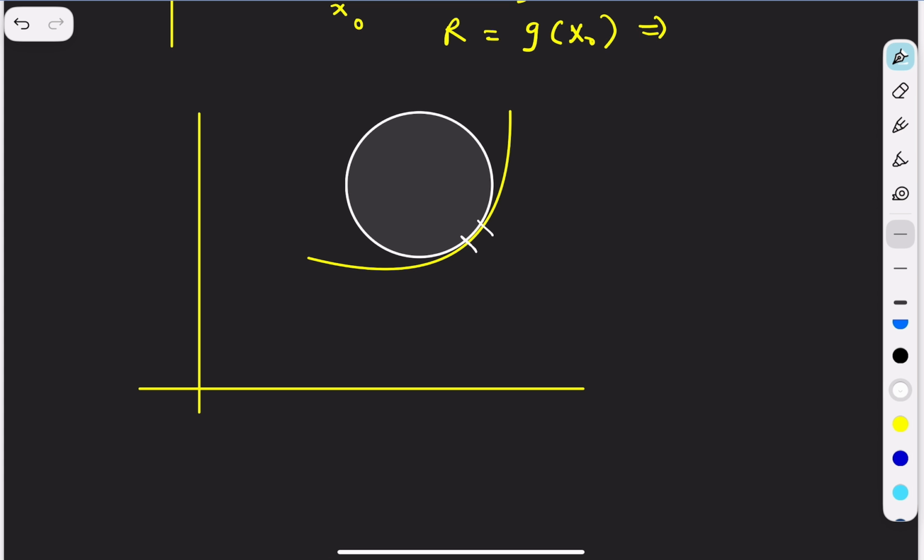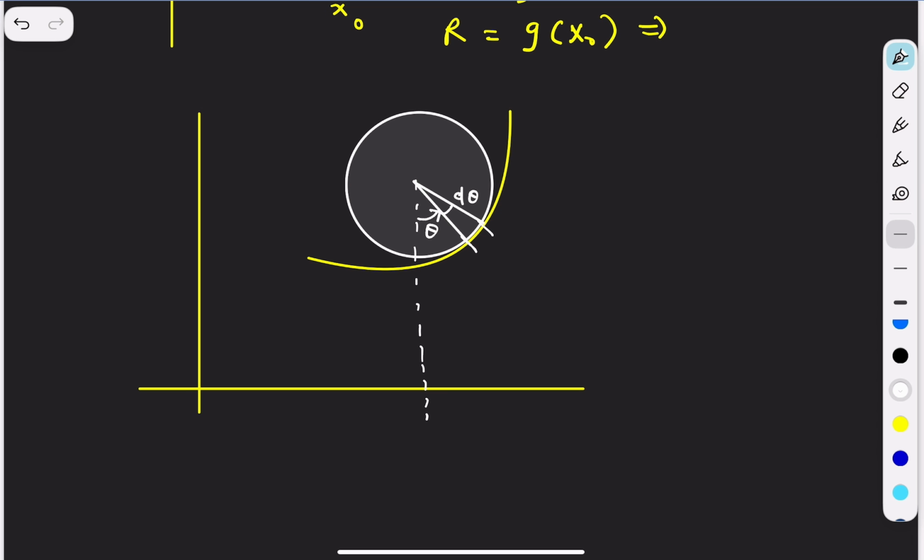Let's say this line is parallel to the y-axis. From here I am locating the position of this small segment. This is, let's say, angle theta. Because we are moving in this direction, let's say this segment has an angle subtended at the center of d theta.